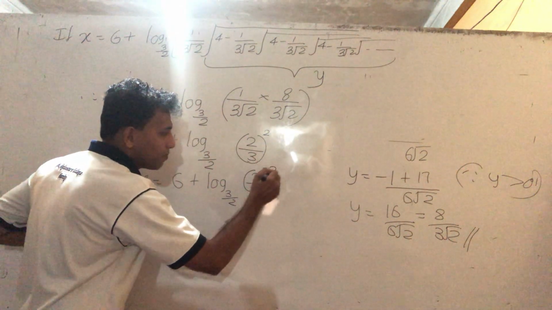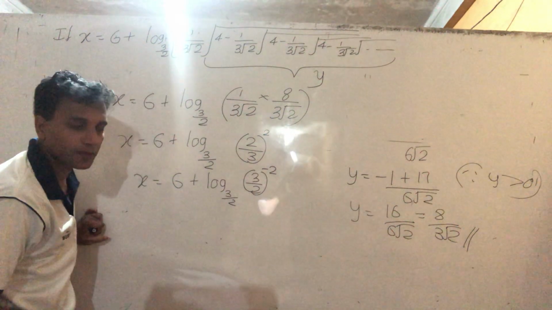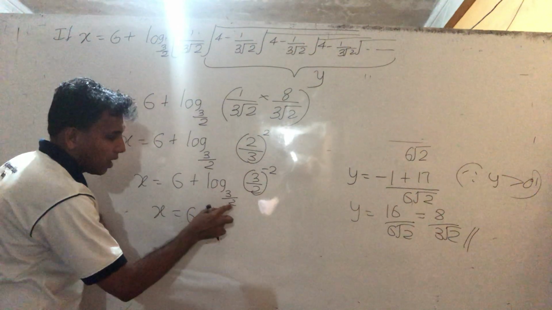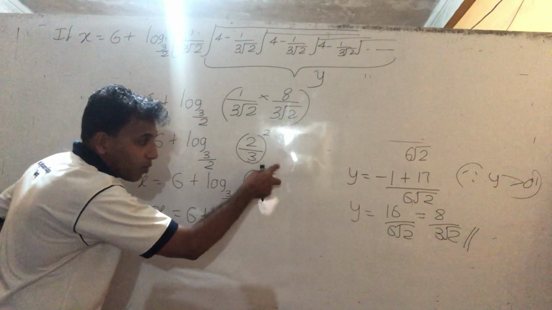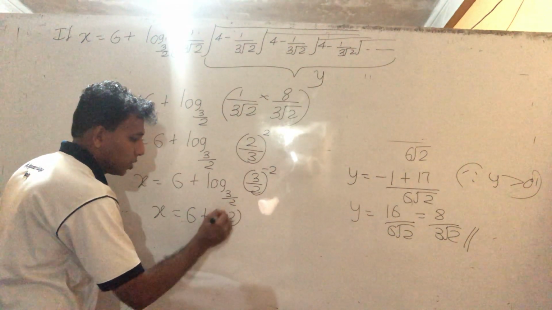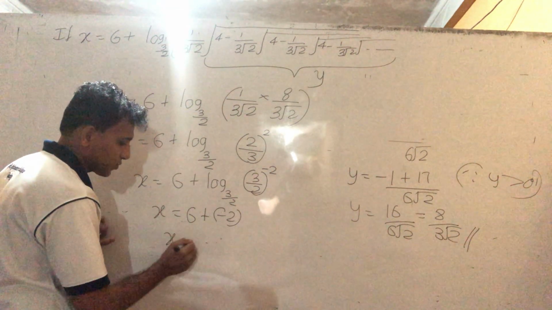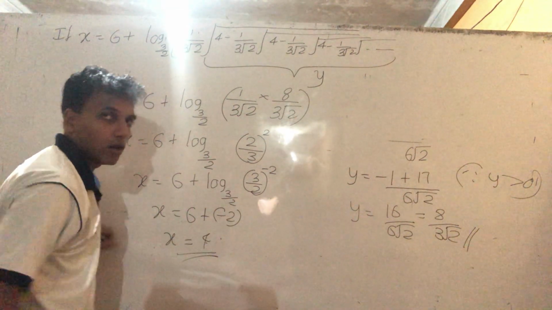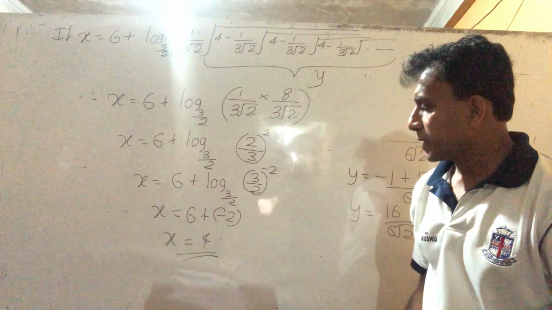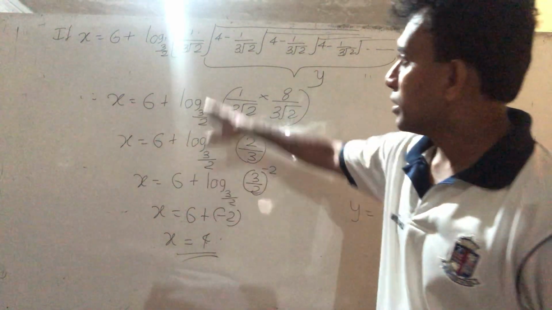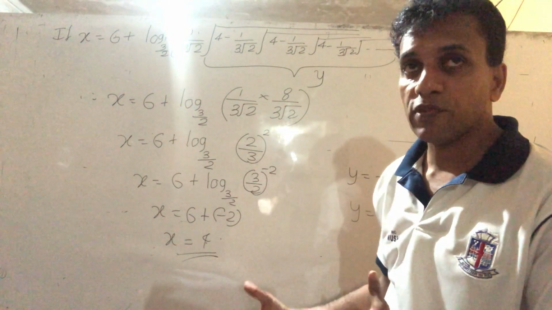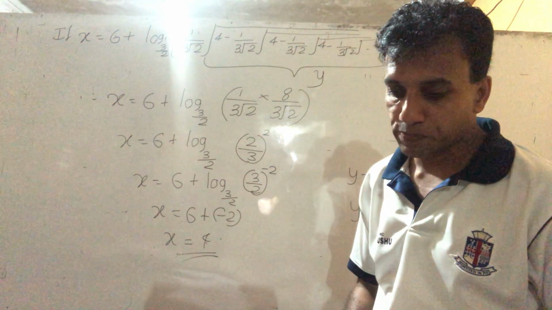So I think all your work, all your maths: therefore, x equals 6 plus, both come the same, the power is the answer. Logarithm property, minus 2. See, nice problem, nice work. X equals 4. Long work, but once you work it, hereafter it's simple, and you can answer any similar type of question. The unknown is a long expression, so we take y, build up for y first and come to the x.